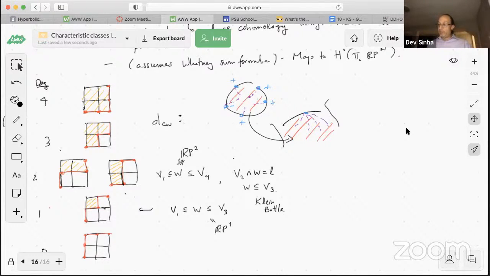What this says is, let's take a W in the interior. So that's just some W that contains V1 and then is contained in V3. So it's some plane, schematically it's a plane, but it contains V1. So this is inside there, but then it's in R3.